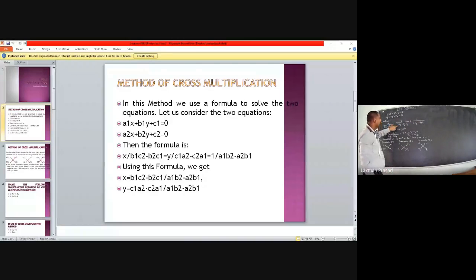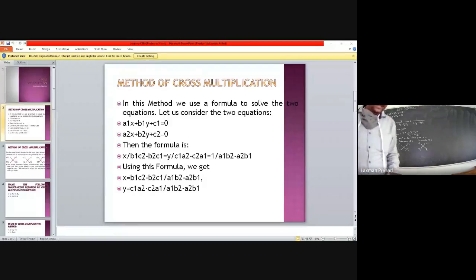The value is c1 a2 minus c2 a1 divided by a1 b2 minus a2 b1. So we will find out the value of x as well as the value of y.